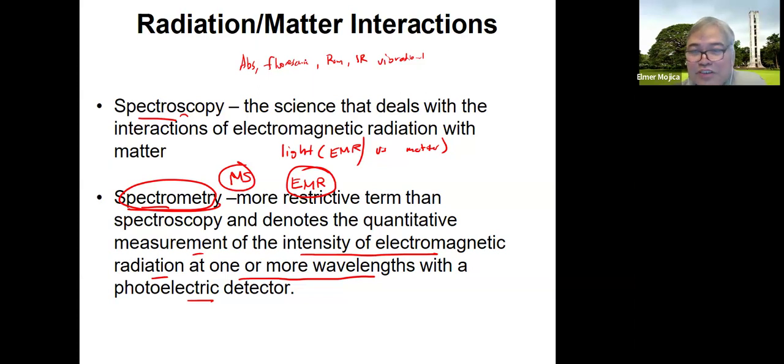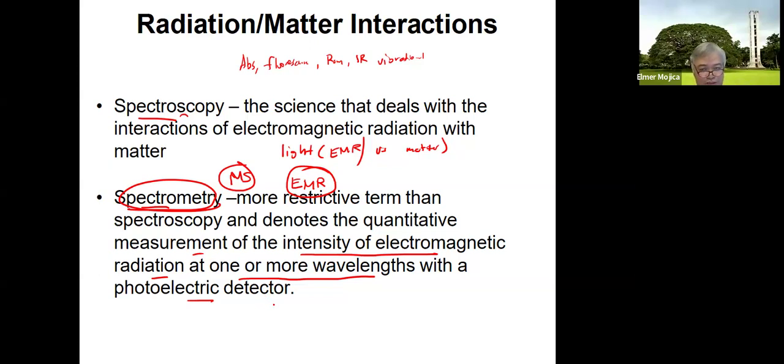What can you say? In some courses, they include mass spec as a spectrochemical method. But for me, I usually doubt it because the ones that I want to include in spectrochemical methods are just those that have interaction with light.